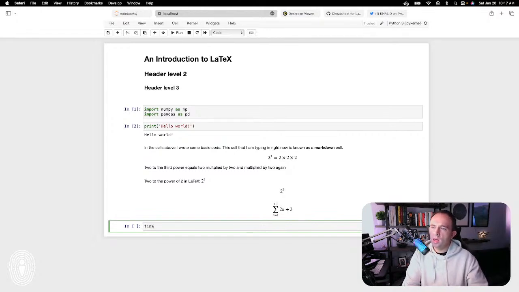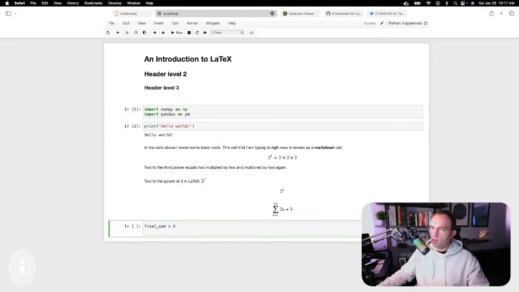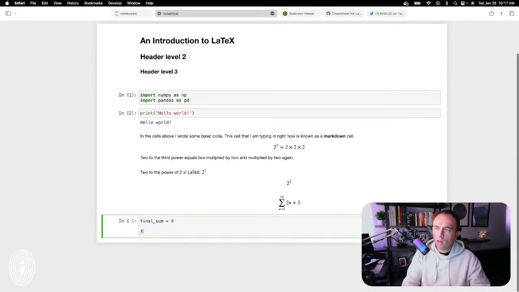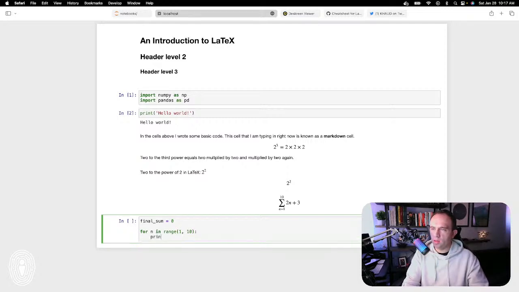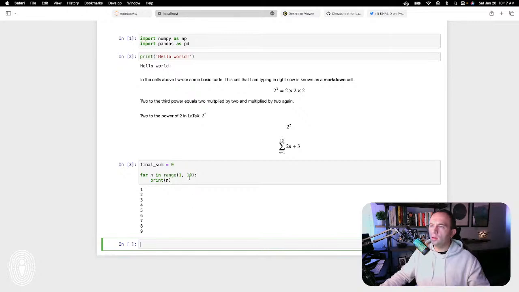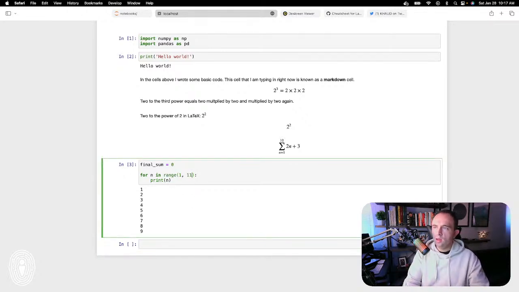So I'm going to create a variable, final sum equals 0, because we're going to end up setting this final sum to equal something in the end. So for n in range, I'm going to do 1 to 10. I think this is right. Hold on, let me print this out. So print n. I guess it's 1 to 11.